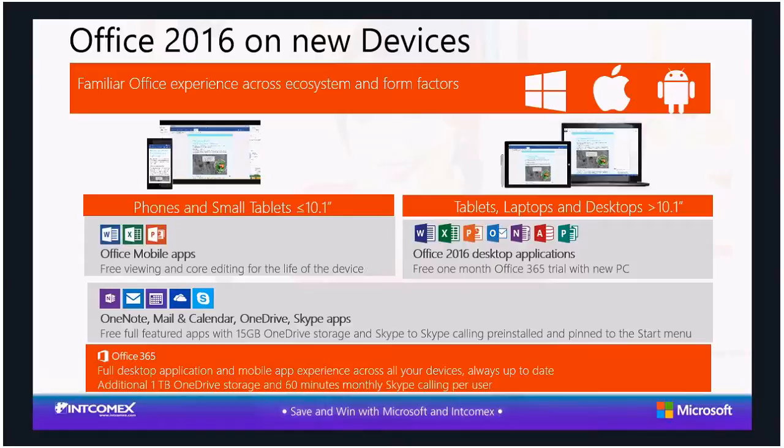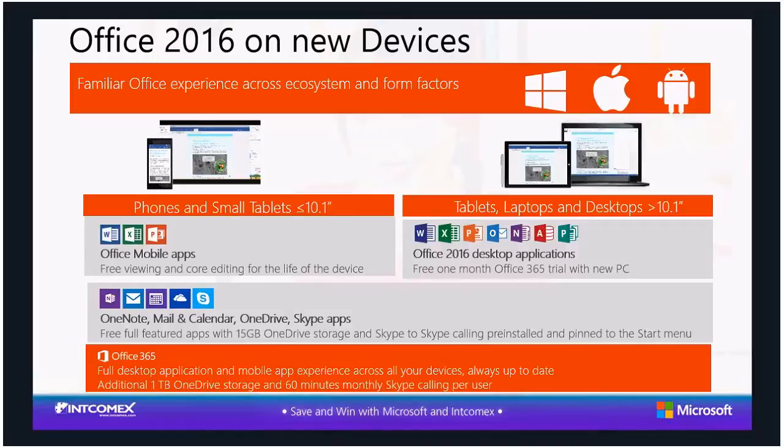So usually what Microsoft does is that we have the opportunity to have the Office mobile apps, which are web-based, but are free for the customers in the small devices. And then we have the opportunity to add Office 2016 or Office 365 to the tablets, laptops, and desktops that are more than 10.1.